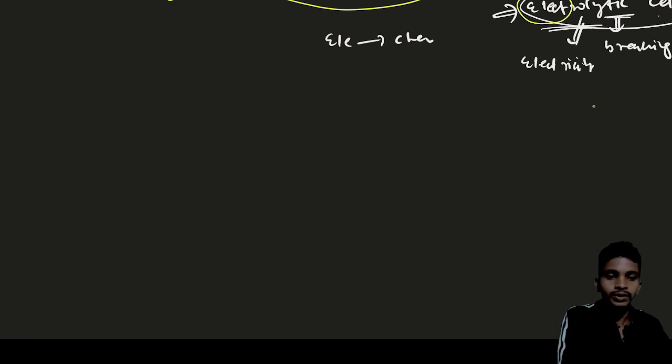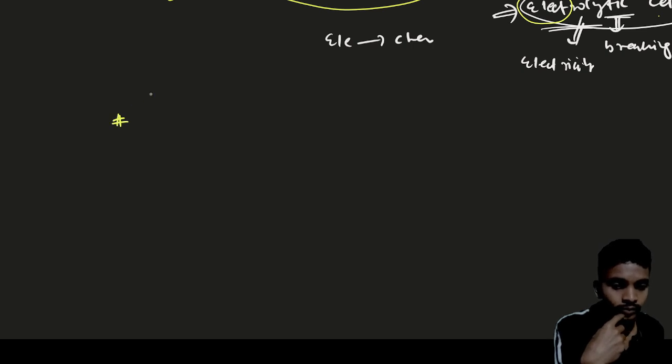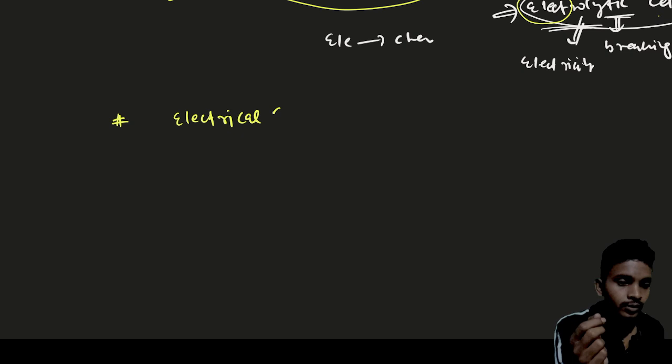So first we will study, using that electrical energy, how we do the chemical reactions. In the first case we are studying that we have the electrical energy, or electricity.